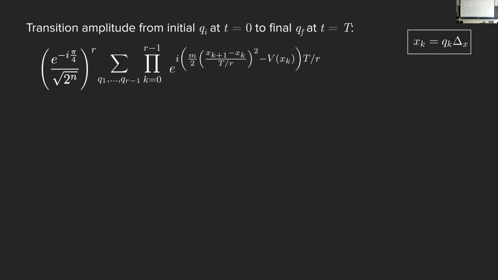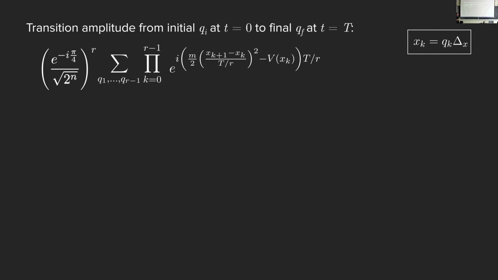And this expression over here is like the Lagrangian at each time step summed over all the time steps. This is pretty much the discretized version of the path integral, where you have the time integral of the Lagrangian. So instead of a time integral, it's a sum over small discrete time slices.